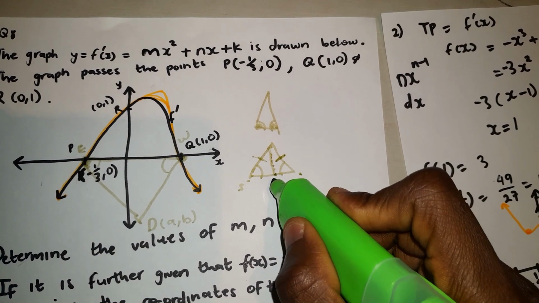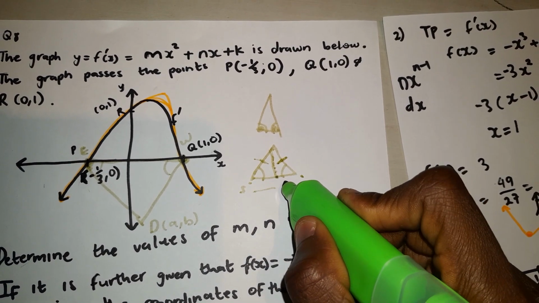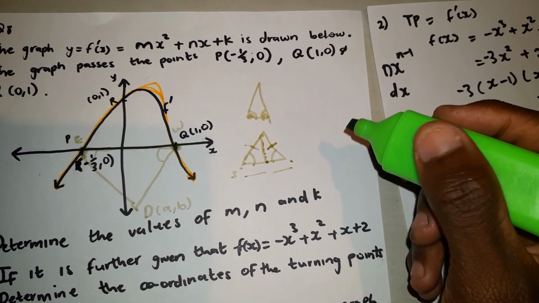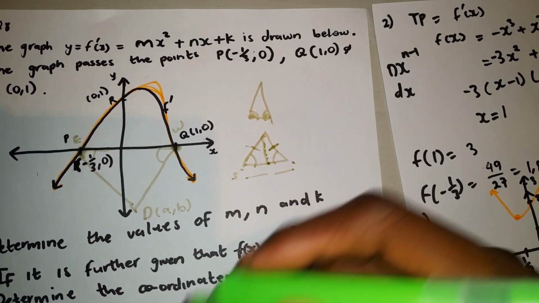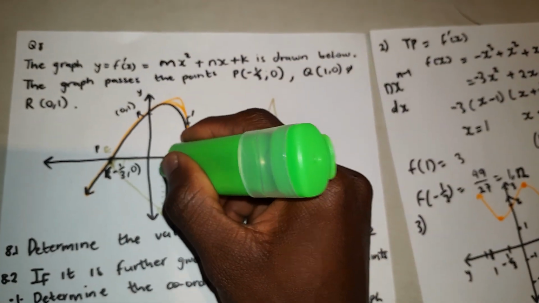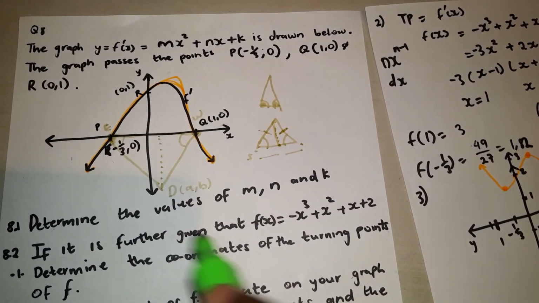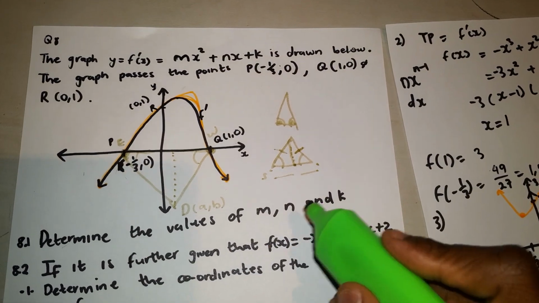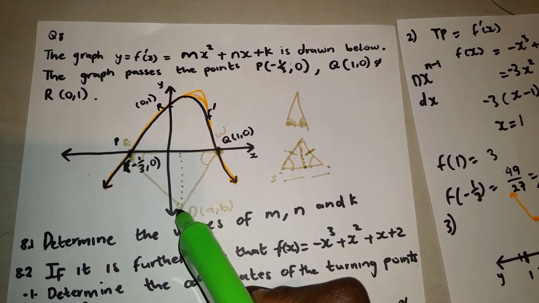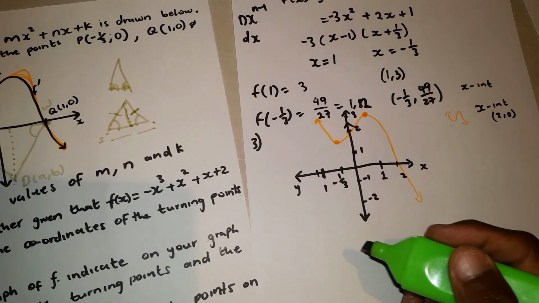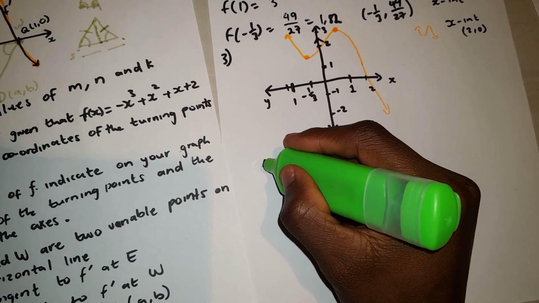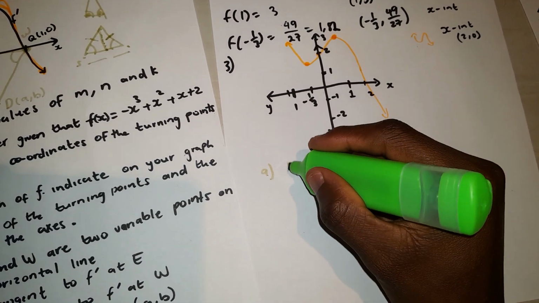It will be the same side here and the same side here. In a way, it will be like us solving for congruency. So we can try to find this point here by using the midpoint. For A, we can use the midpoint.